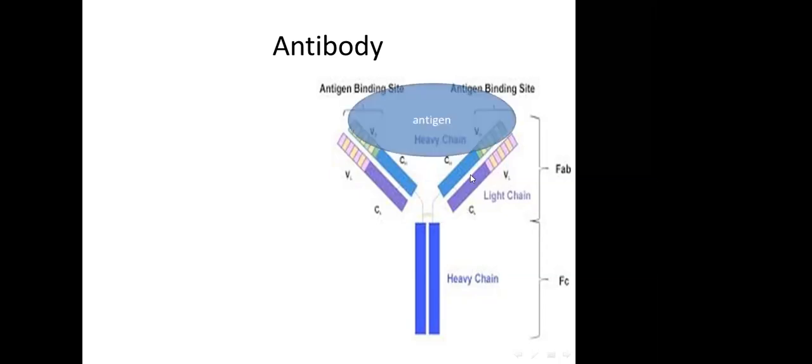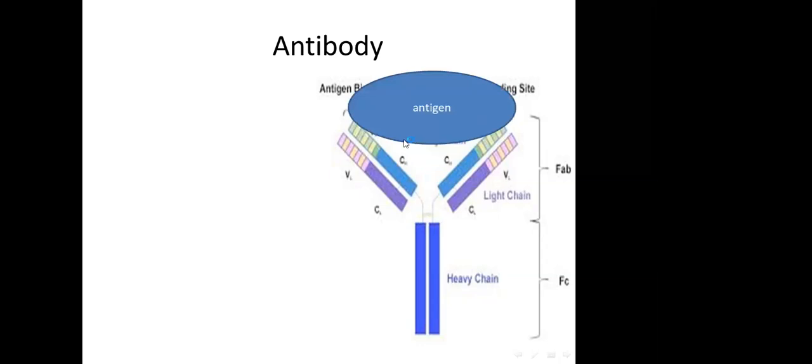Now you will detect that this is the site of attachment to the antigen. So the antibody secreted in the plasma will attach to the antigen by its N terminal, and it will attach to the immunity cell on the other side, which is the C terminal. This is the structure of the antibody.